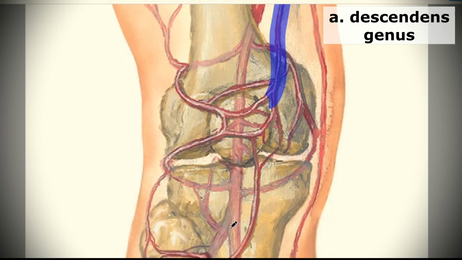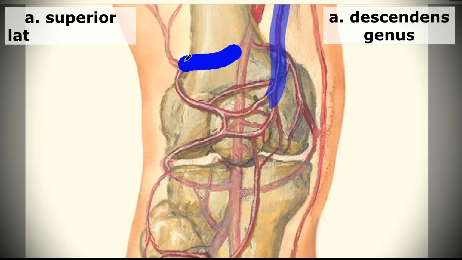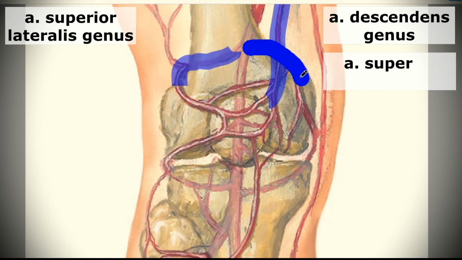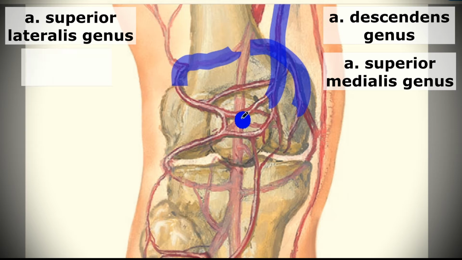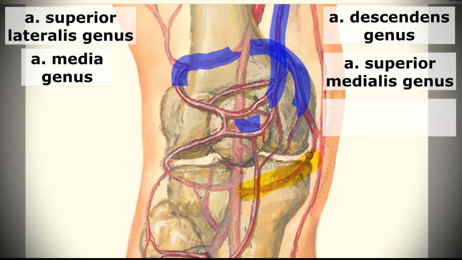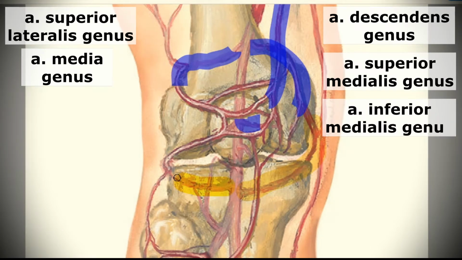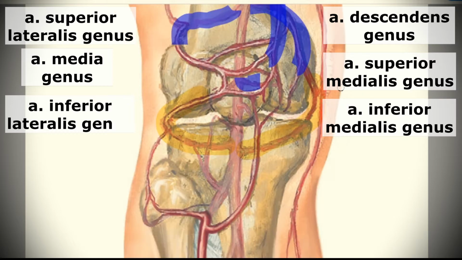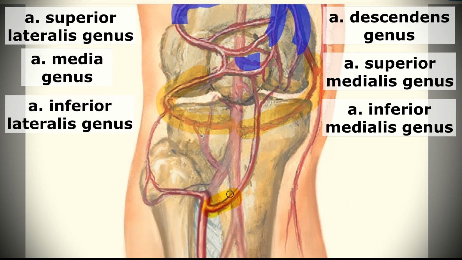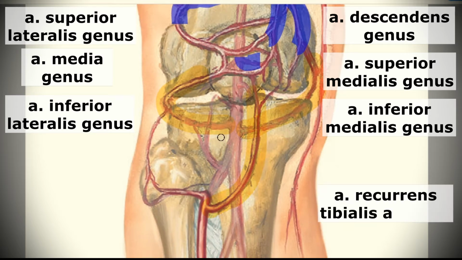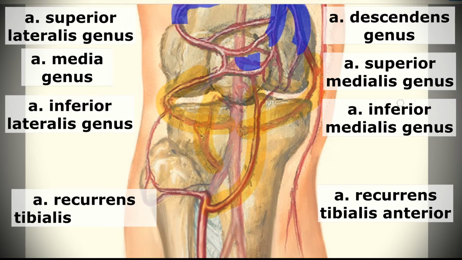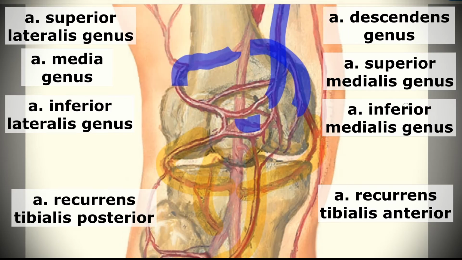Then from arteria poplitea we have 5 branches: arteria genus superior lateralis, arteria genus superior medialis, arteria media genus, and 2 inferior: arteria genus inferior medialis and arteria genus inferior lateralis. And 2 recurrent arteries from tibialis anterior. So here we have arteria recurrens tibialis anterior, and there arteria recurrens tibialis posterior. So here you have the supply of the knee joint, 8 arteries.